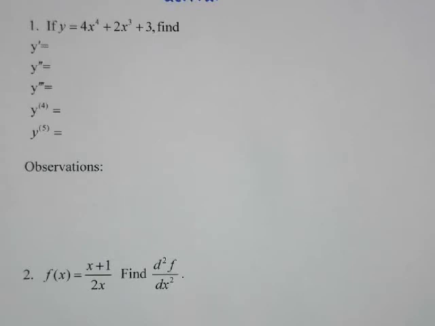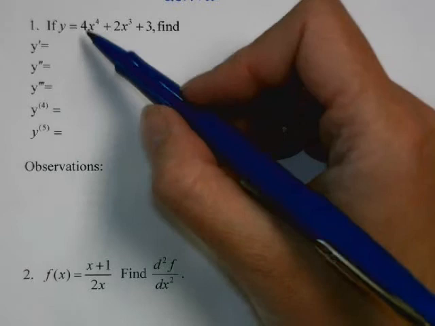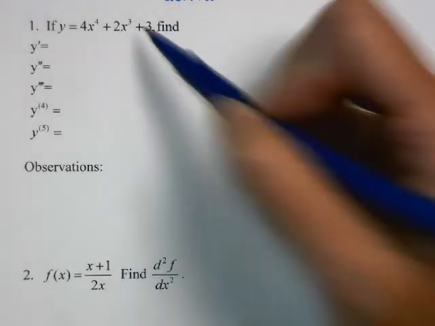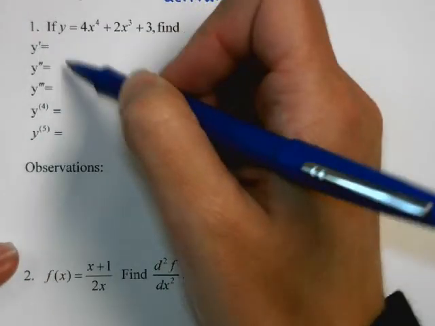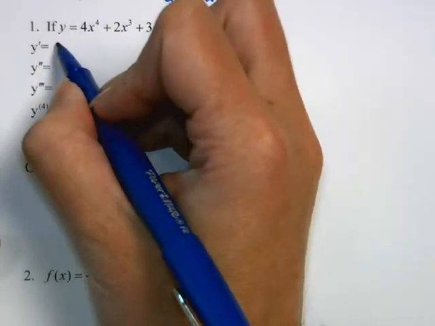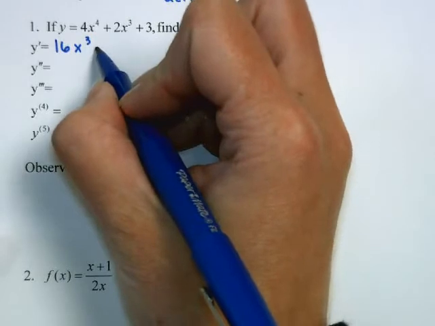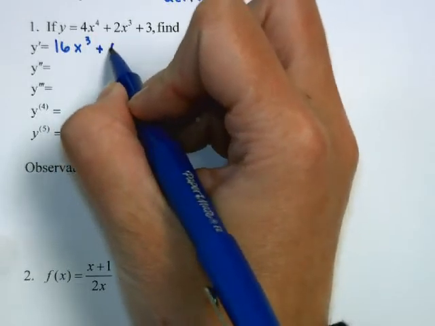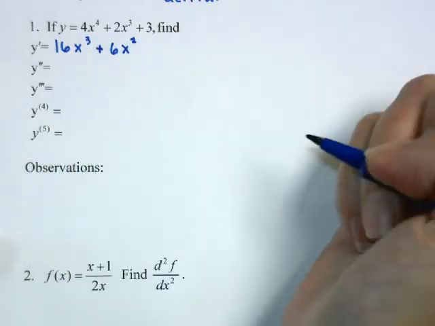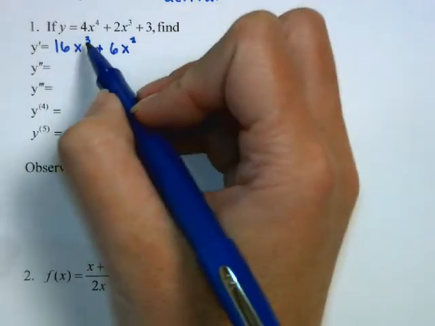All right, so let's do some derivatives. So we have the function y equals 4x to the fourth plus 2x cubed plus 3. And we're going to just keep taking derivatives. So the first derivative is going to be 16x cubed plus 6x squared plus 0.